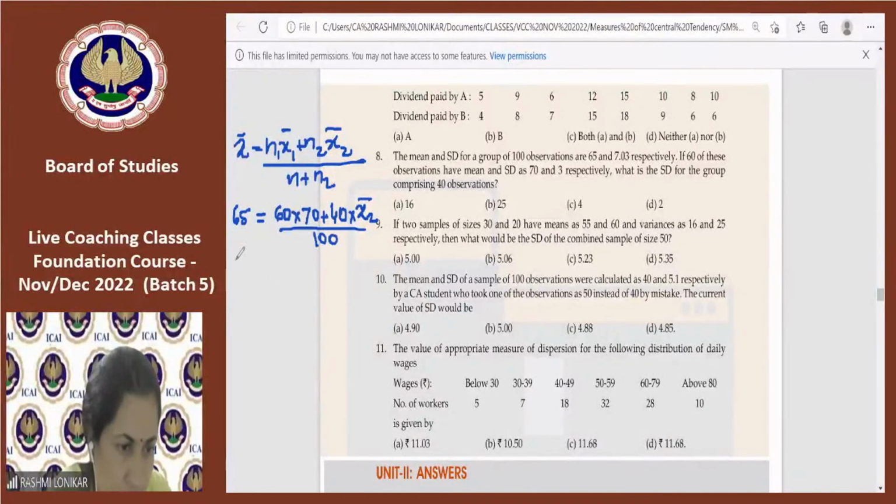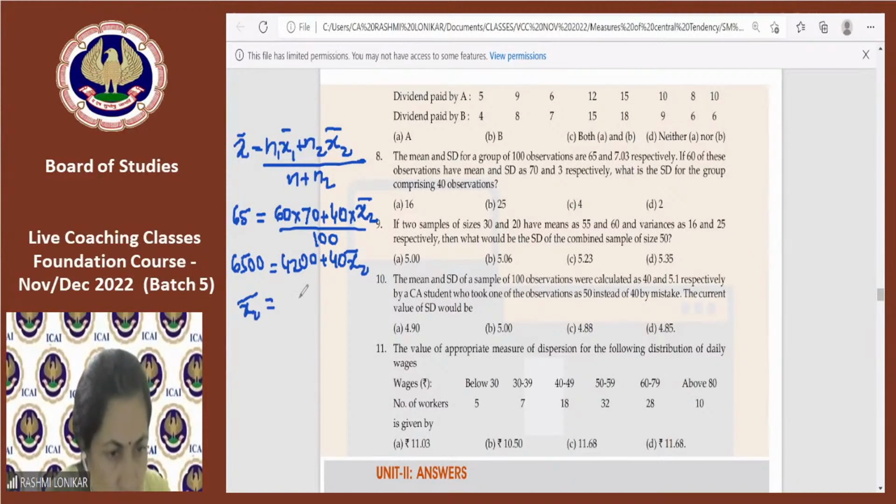So this will be 6500 is equal to 4200 plus 40 x2 bar. So x2 bar is equal to how much? 6500 minus 4200, that is 2300 upon 40.